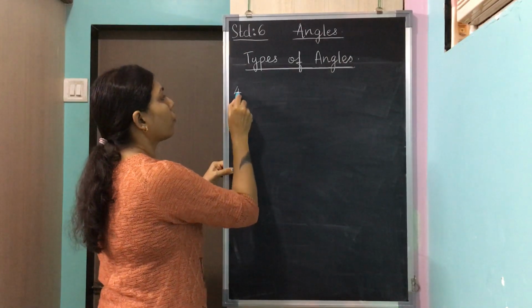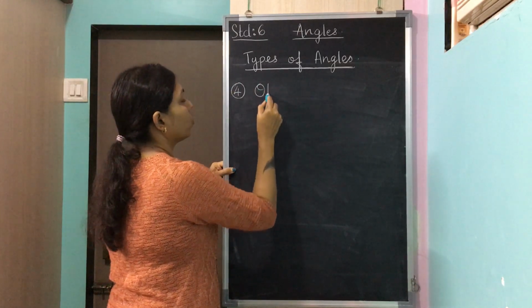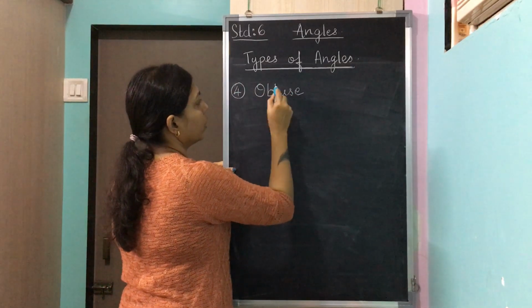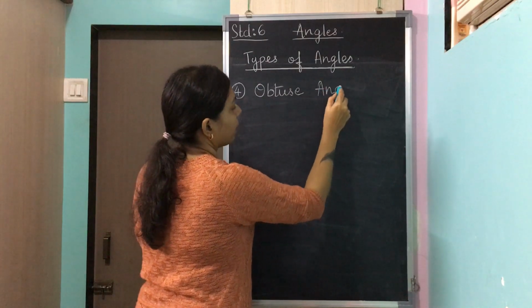Now we move on to the fourth type of angle, which you already know about, which is your obtuse angle.